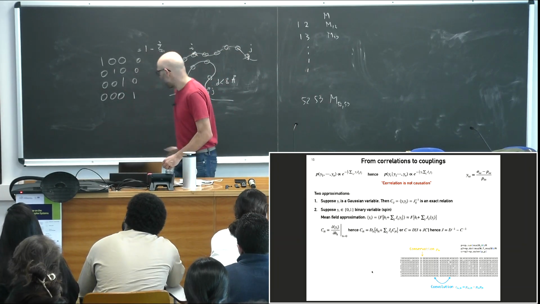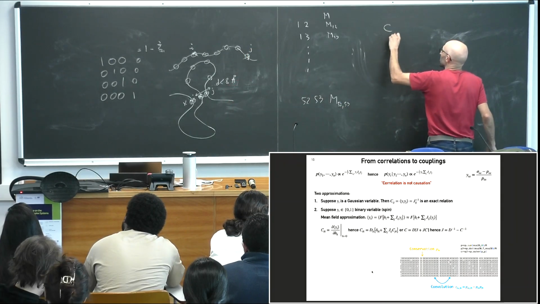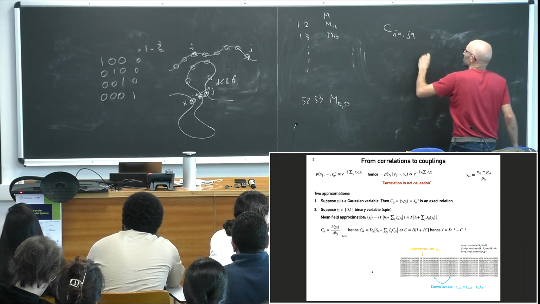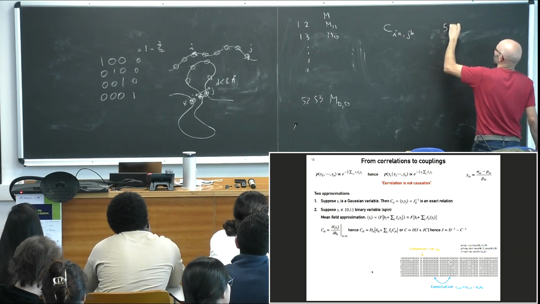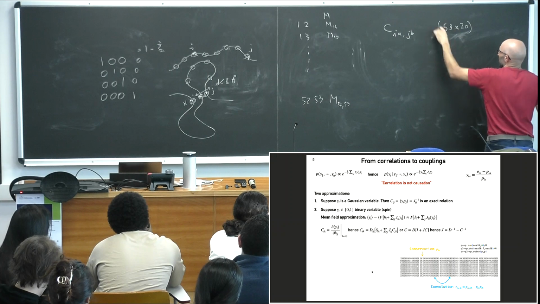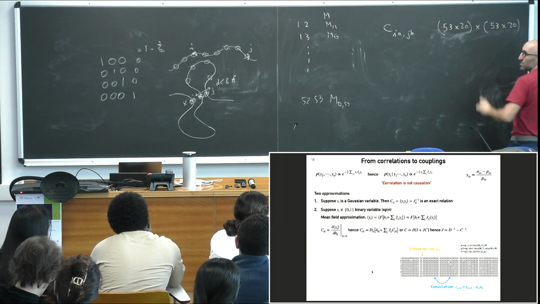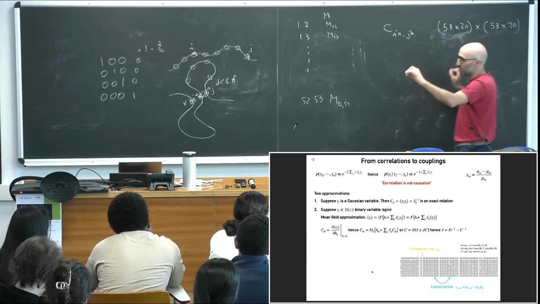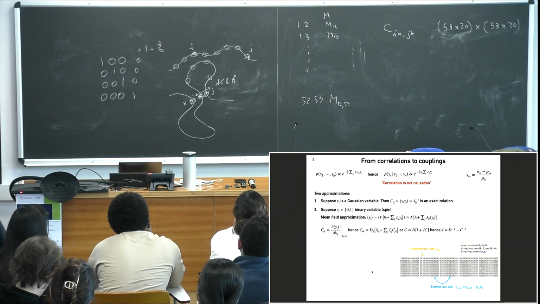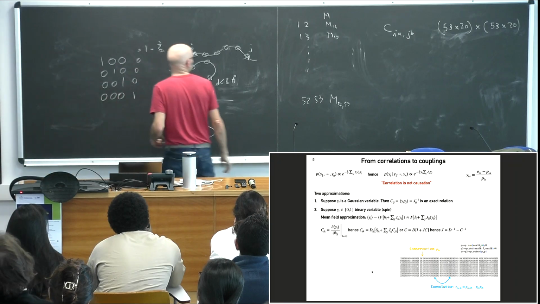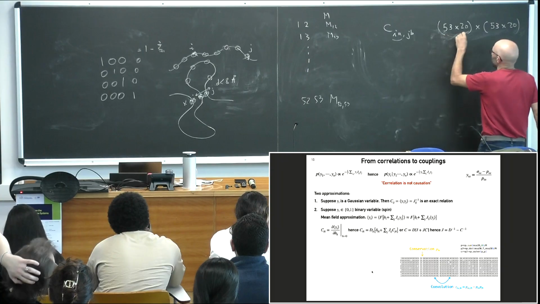In this specific case, the correlation matrix is of size 53 times 20 times 53 times 20. You consider your one-hot encoding as one data point, so it's 53 times 20, and this is considered as a single index.